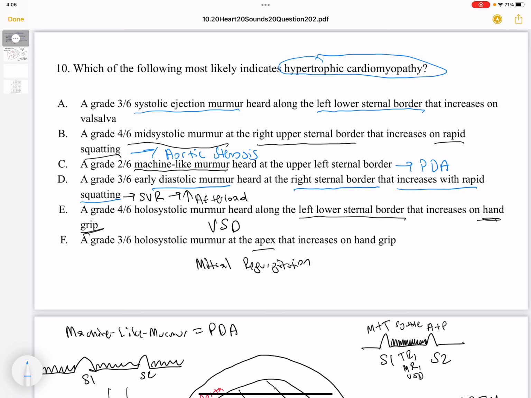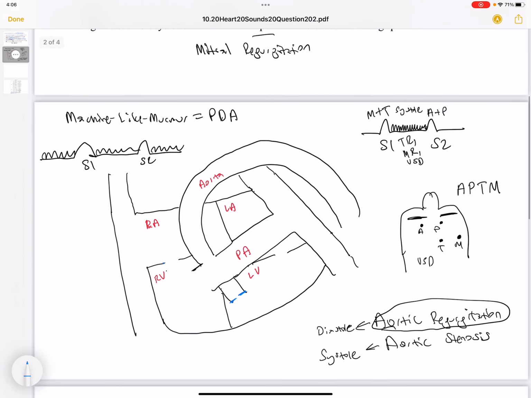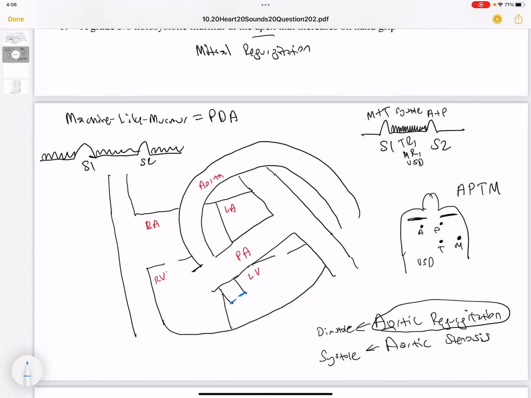The reason why it increases on Valsalva is because during the Valsalva maneuver, we're going to hold our breath and exhale. This is going to dramatically increase the pressure found within the thoracic cavity. If there's an increase in pressure found within the thoracic cavity, then there's going to be less blood coming back to the heart.